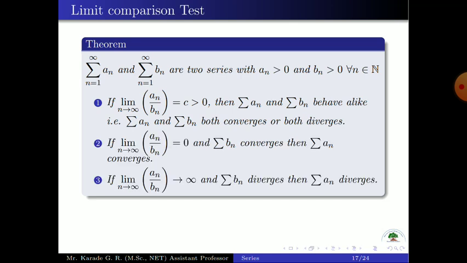Second statement is, if limit an upon bn as n tends to infinity is equal to 0 and series bn converges, then series an also converges. And third statement says that if limit an upon bn as n tends to infinity tends to infinity, and series bn is divergent, then series an is also divergent.